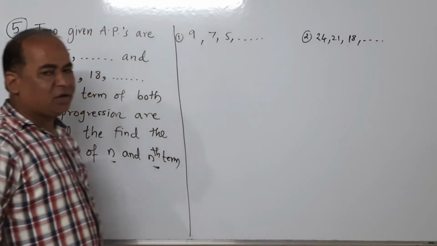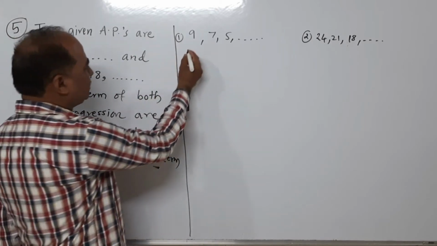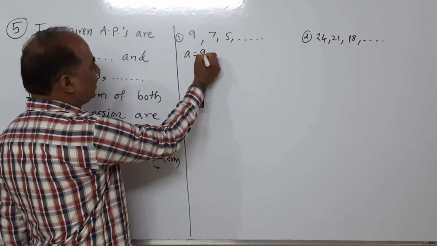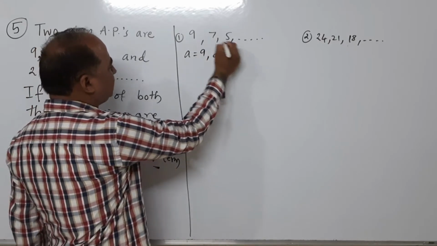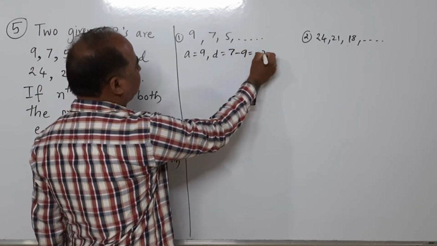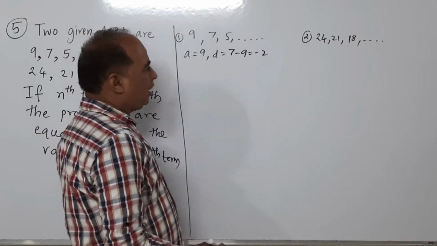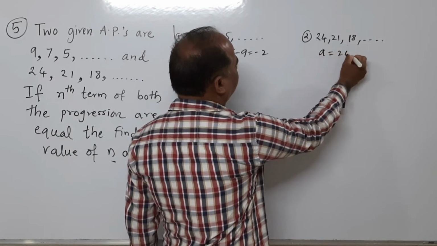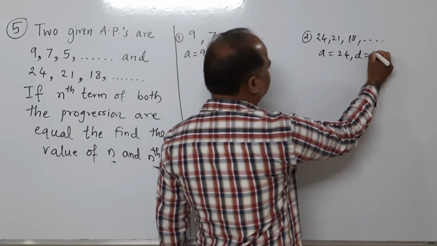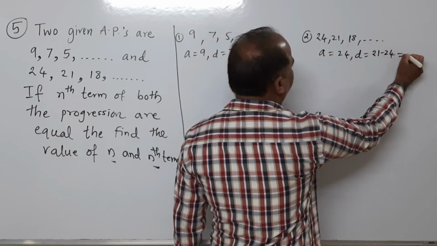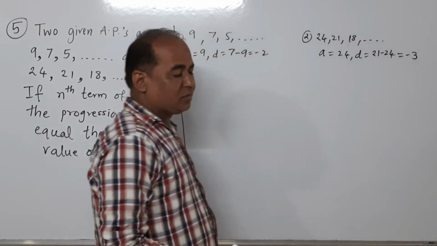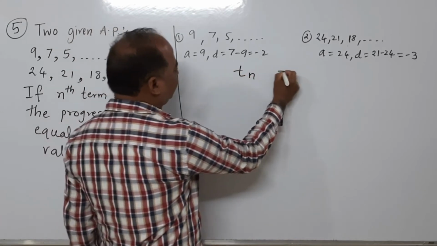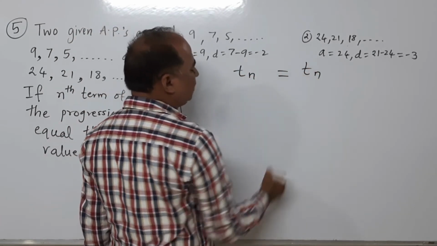These are two APs. In the first AP, the first term is 9 and the common difference is 7 minus 9, which is equal to minus 2. In the second AP, the first term is 24 and the common difference is 21 minus 24, which is equal to minus 3. Now the nth terms of both APs are equal, Tn of the first AP is equal to Tn of the second.